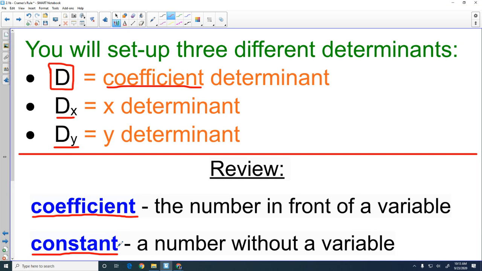You've got the x variable, the y variable, and then a term that's just a number without a variable. That's called a constant because it's constantly that number. It doesn't vary. It doesn't change. Hopefully you already remember these two terms at the bottom from previous math classes. You shouldn't need to write those down, but make sure you've got these three up here: D, Dx, and Dy, the coefficient determinant, the x determinant, and the y determinant.